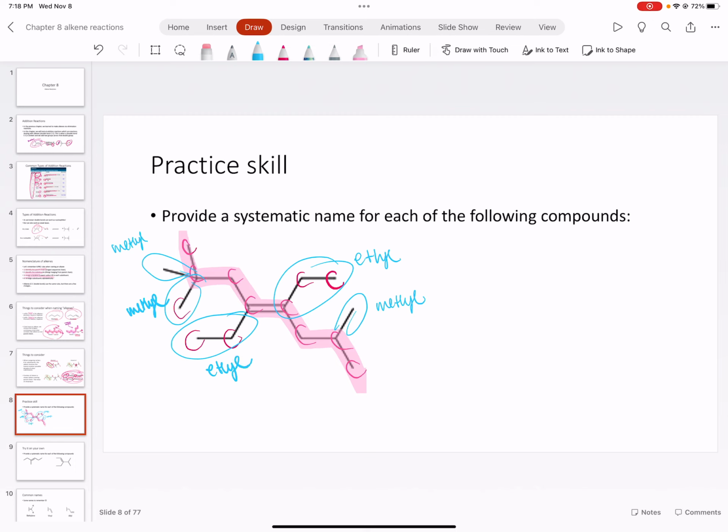Okay, so then I can assign numbers. We want our alkene to have the lowest number possible. If you think about it, if I start from here, 1, 2, 3, and 4, it will be the same if I start in here, 1, 2, 3, 4. So now it comes down to the other substituents.